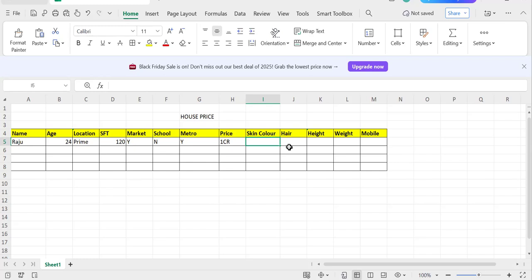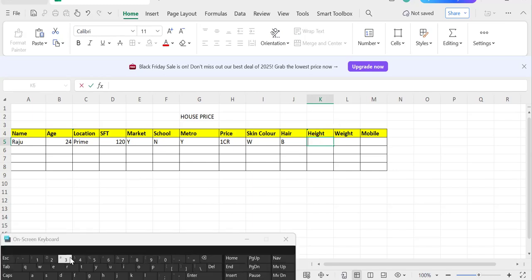The skin color of the person is, let's suppose, W, and hair color is B, meaning black, and height is 5.8, and weight is 78 kg, and mobile number is, let's suppose, 1234. Okay, so this is a mobile number.